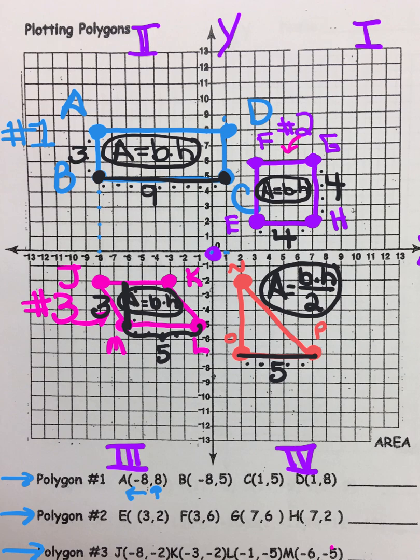And lastly, the height, 1, 2, 3, 4, 5. It is perpendicular to the base. Now you have all the information you need to utilize the formulas. Pause the video and find the area of each polygon. Show your work off to the side.